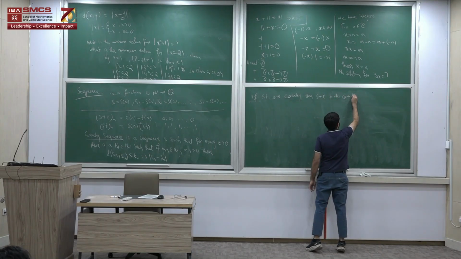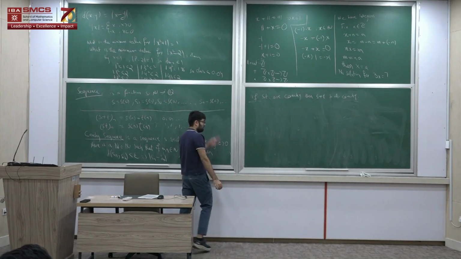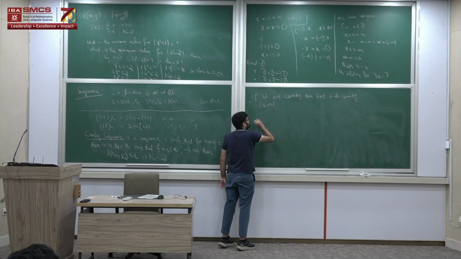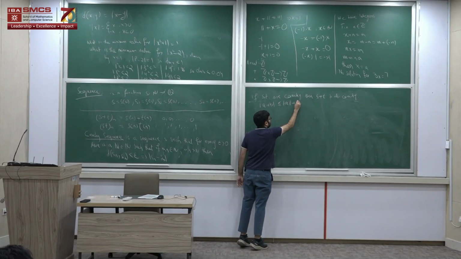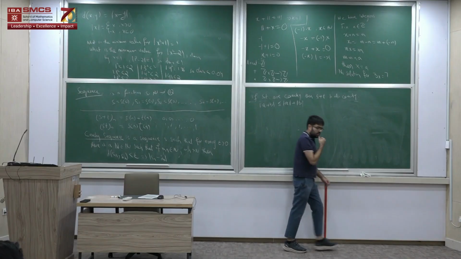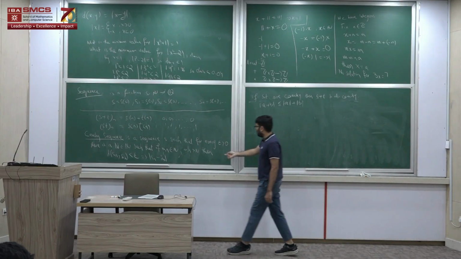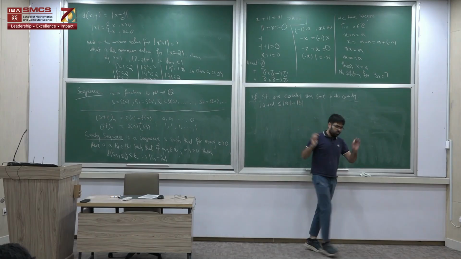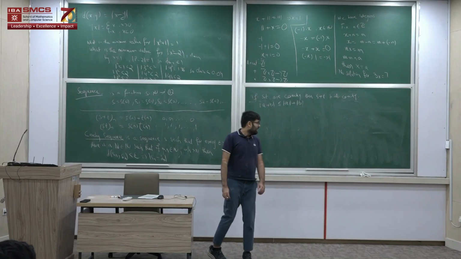And the only thing we need to do this is to use the property of absolute value, which is that the absolute value of A plus B is less than or equal to the absolute value of A plus the absolute value of B. So, if we keep this in mind, we will be easily able to find such epsilon if we know similar things for S and T.